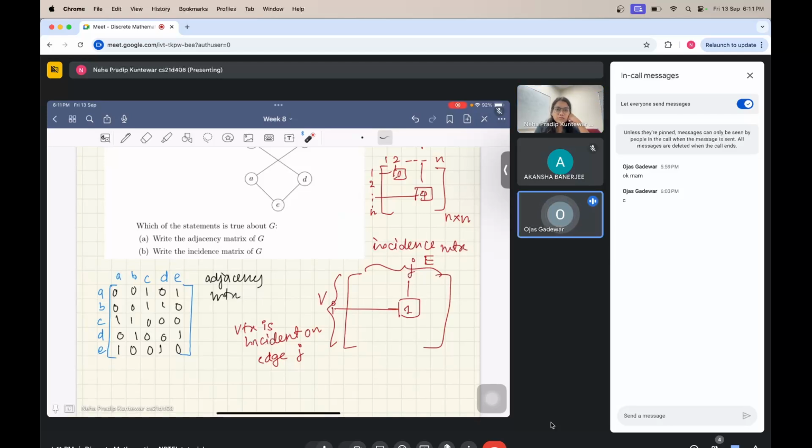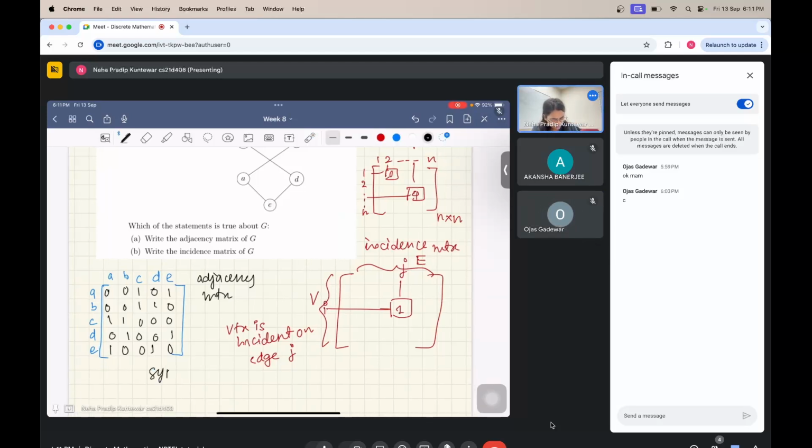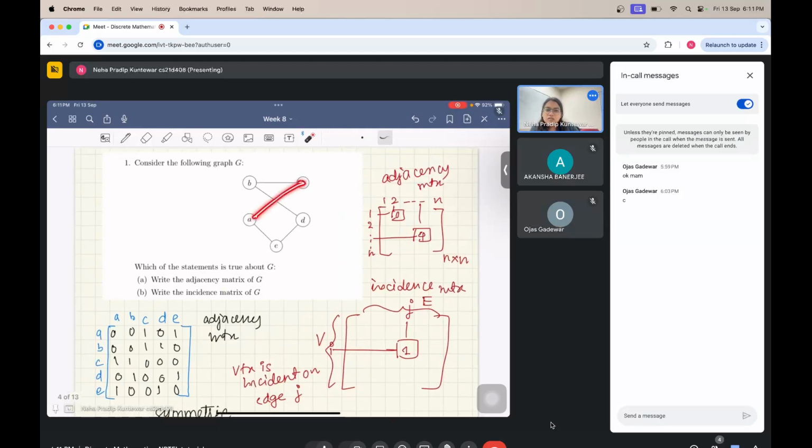Is it symmetric? Exactly, it is symmetric. This is symmetric because if A is connected to C, then C is also connected to A. That's why if A to C is 1, then C to A is also 1.